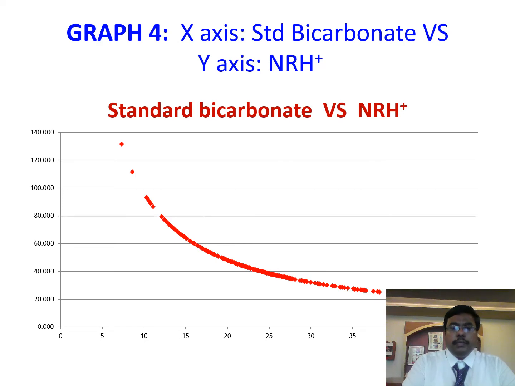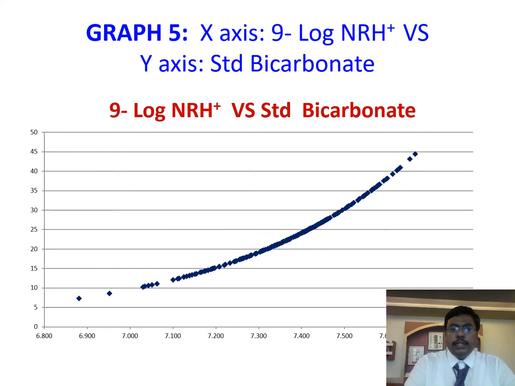So in graph 4, the relation between standard bicarbonate and NRH plus, the non-respiratory hydrogen concentration, is clearly shown. As the standard bicarbonate increases, NRH plus decreases. In graph 5, the relation between standard bicarbonate and NRPH is clearly shown.